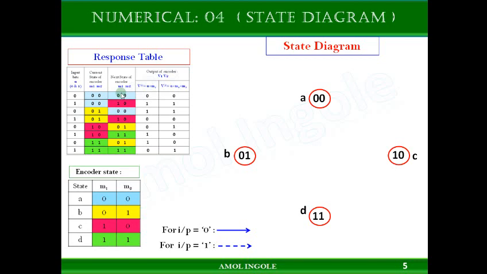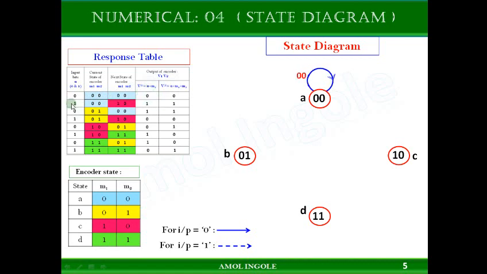As there is no change in the state, you can show the same state by showing a loop. And this is the output 0 0, for giving the input 0 when the initial state is 0 0.